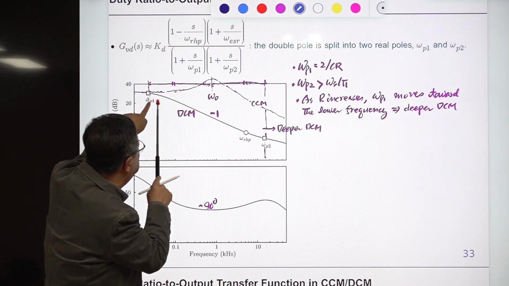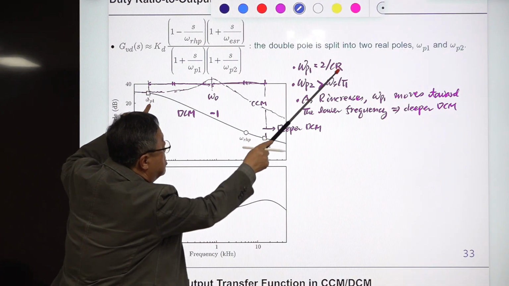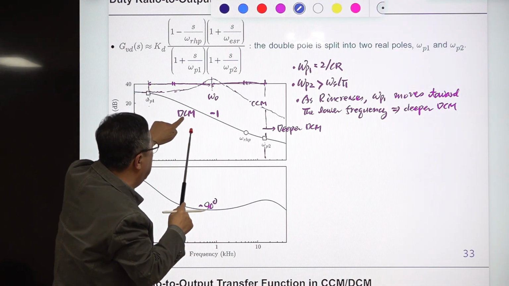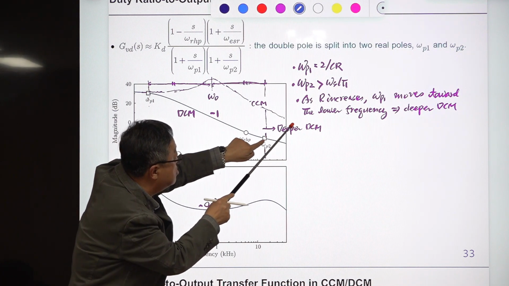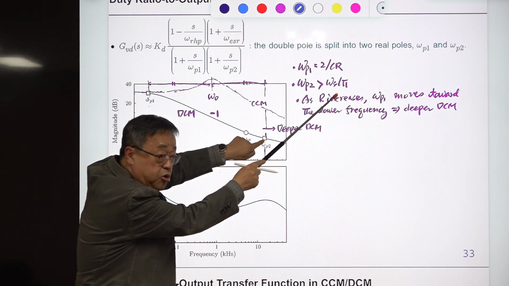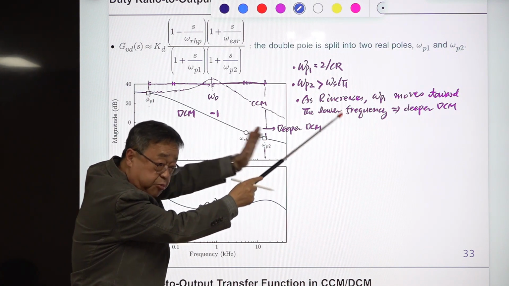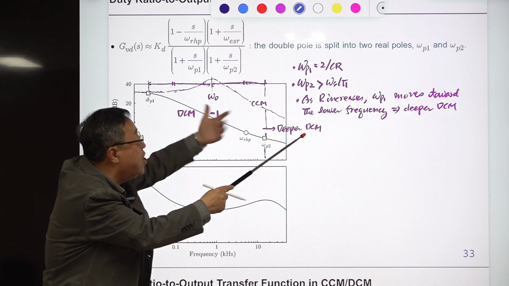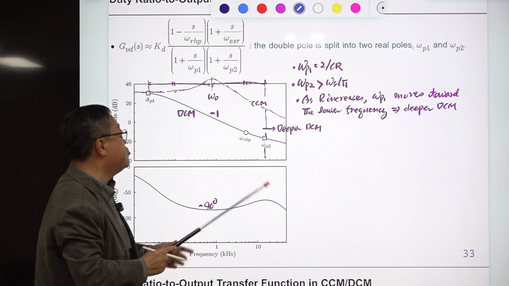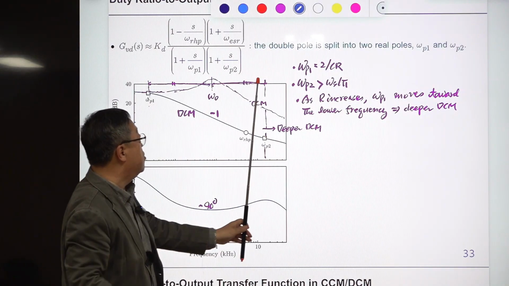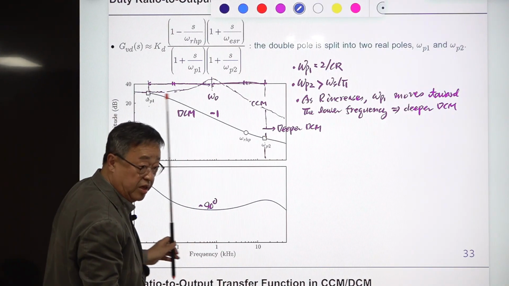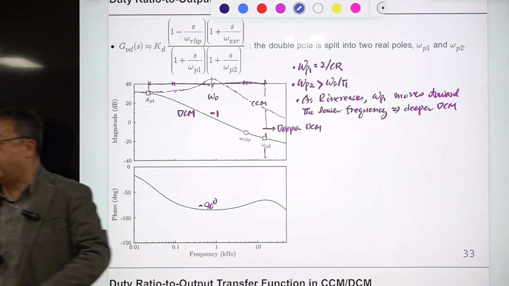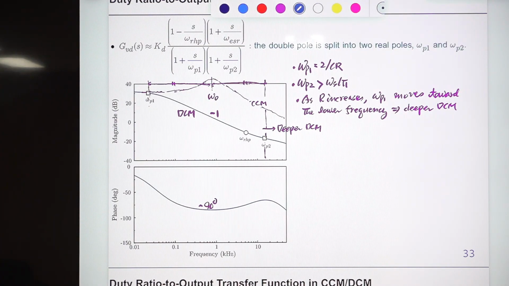One is omega P1, of course at this frequency, which is the theoretical prediction, and the other one goes to a higher frequency, about half the switching frequency. Beyond that it can be ignored, because in evaluating the stability and validating the performance of the converter, you are only concerned with the frequency range far below the switching frequency.